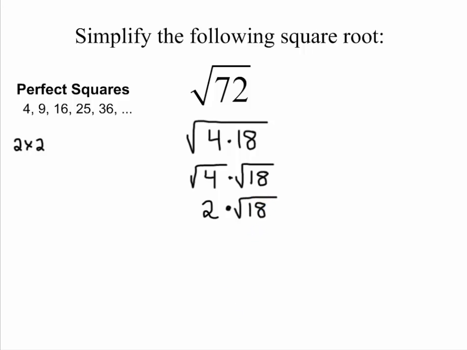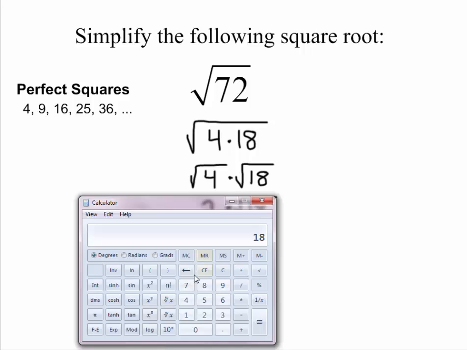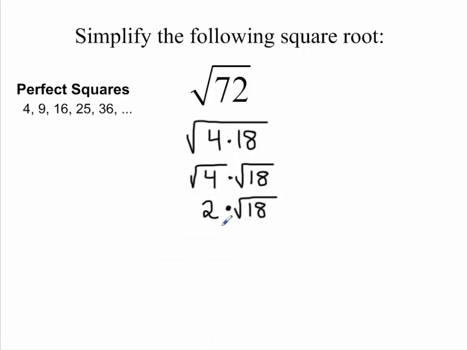And then I have to ask myself again, are there any perfect squares that go into 18? So I would go through my list again, and I'll say, okay, let me do 18. And I actually recognize that 18 is divisible by 9, because 18 divided by 9 is 2.